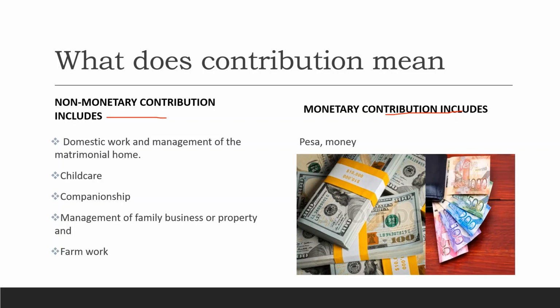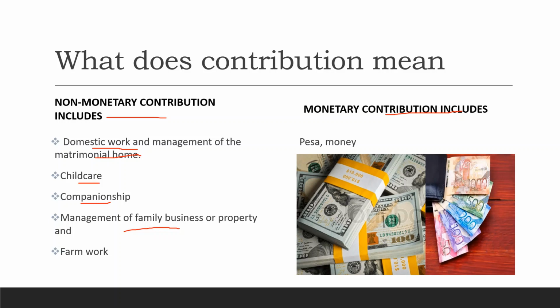Examples of non-monetary contribution could be, if you are a wife, domestic work and management of the matrimonial home. This can be considered as non-monetary contribution to the matrimonial property. Also childcare, companionship, the love and care you give to your husband, and management of family business and property. Of course, as a wife, your husband could be traveling a lot and you're the one who manages the family business and property.